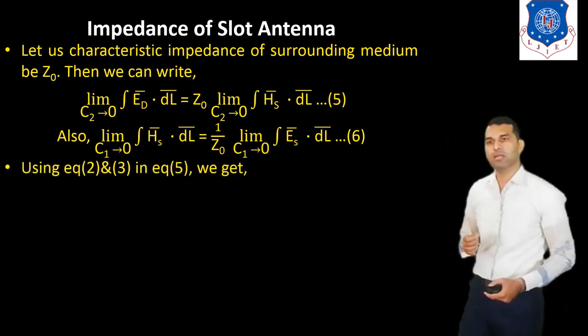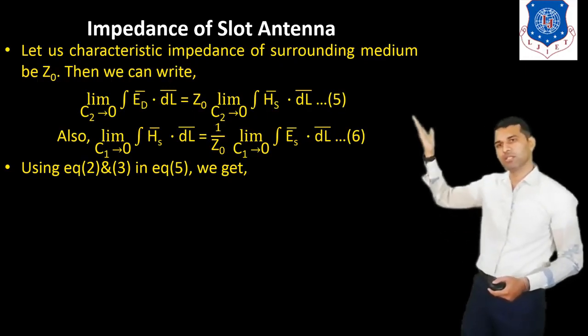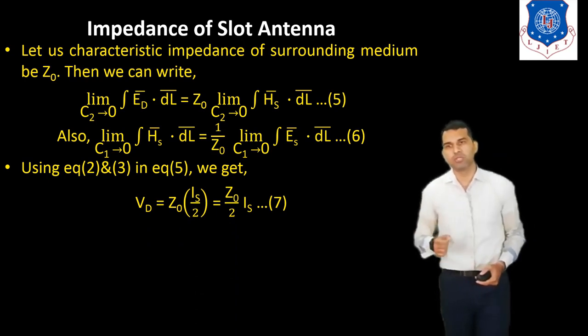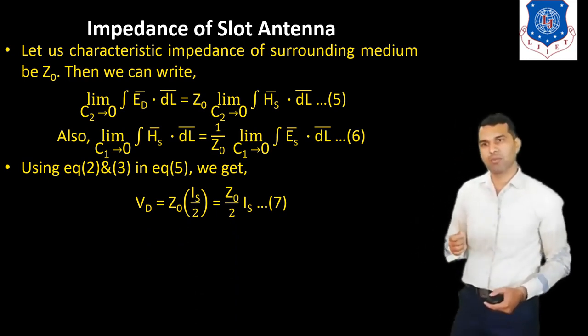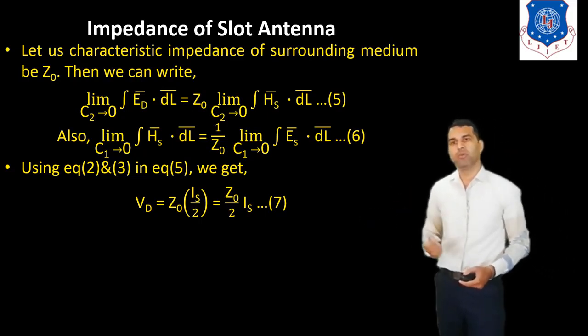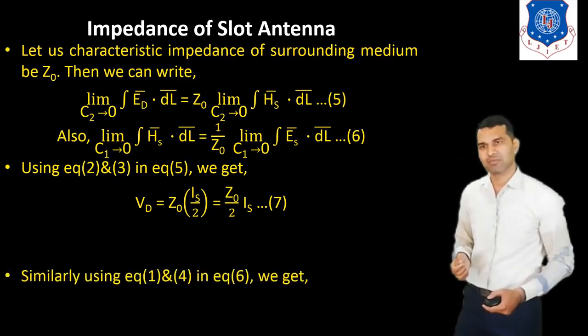Using equation number 2, equation number 3 and equation number 5, we get Vd equals Z0 Is by 2. So we can write this in the simple form: Vd equals Z0 by 2 into Is.